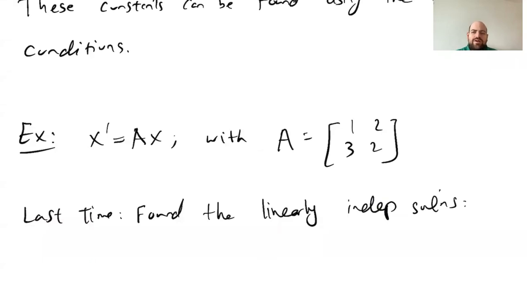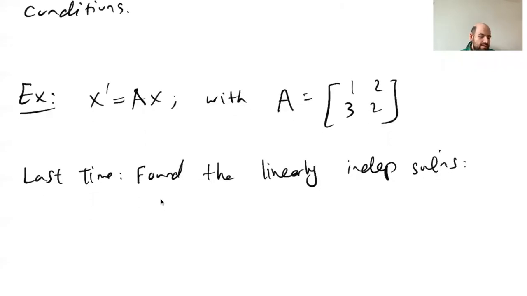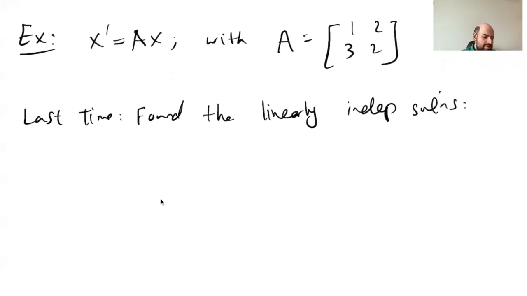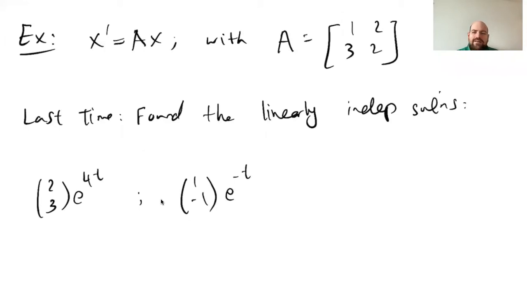Because the matrix is 2 by 2, we need two linearly independent solutions. The eigenvalues were 4 and -1. One eigenvector was (2, 3), so the solution is (2, 3) e to power 4t. The other, corresponding to eigenvalue lambda equals -1, had eigenvector (1, -1). So the other linearly independent solution was (1, -1) e to power -t.